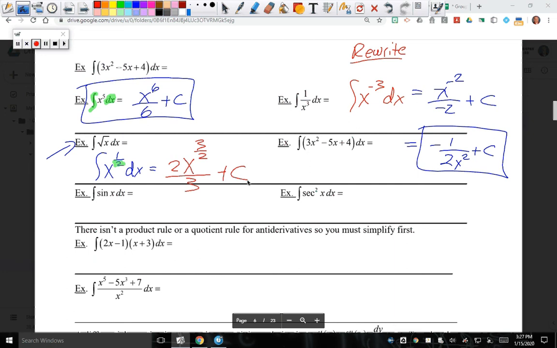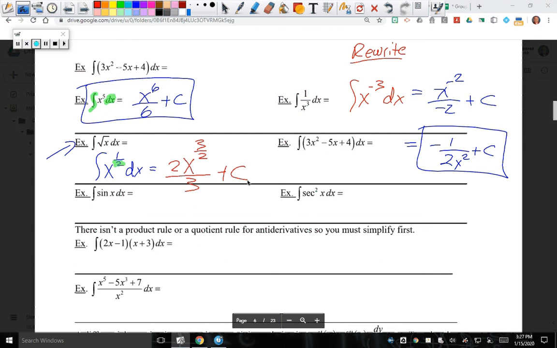Add 1 to the power, divide by the new power. Dividing by a fraction is the same as multiplying by the reciprocal. I think you should do that always with fractions. Because a lot of things are going to come your way. You're going to see fractions crazy for the rest of this unit. And a lot of you are going to hate fractions again because of this unit.